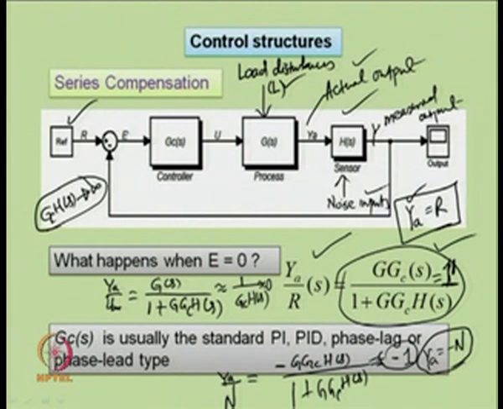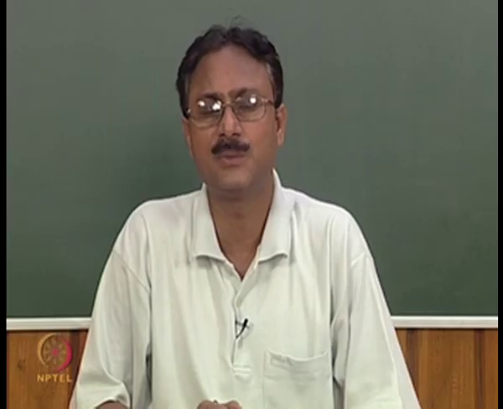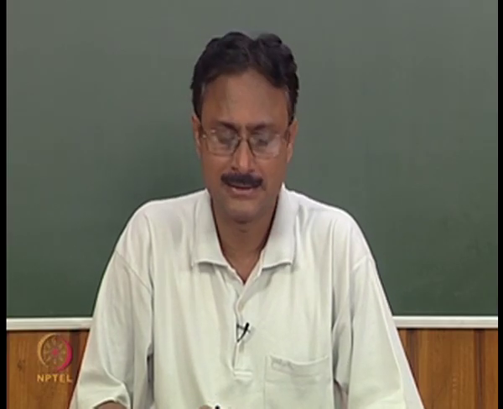So, this is the series compensation system coming under control, one of the control structures. We have many more control structures. The controller is put at various locations in the closed loop to get the desired output from the system or to meet the design specifications of a control system.